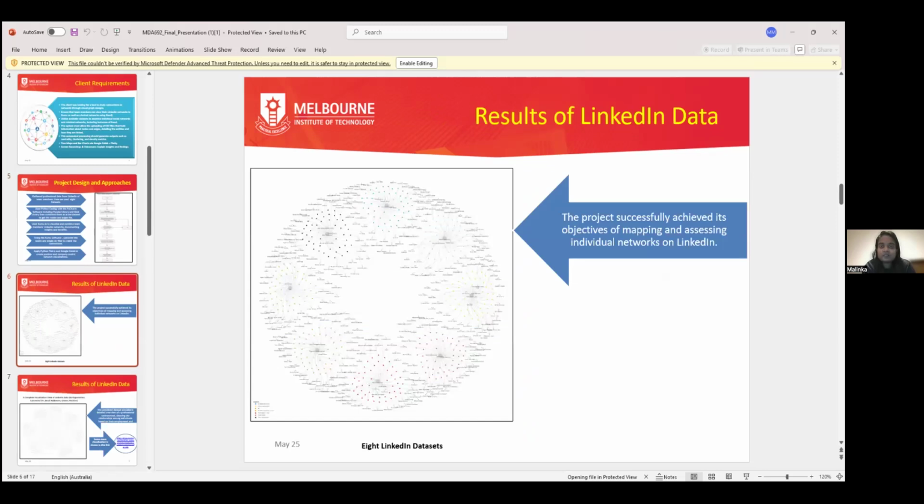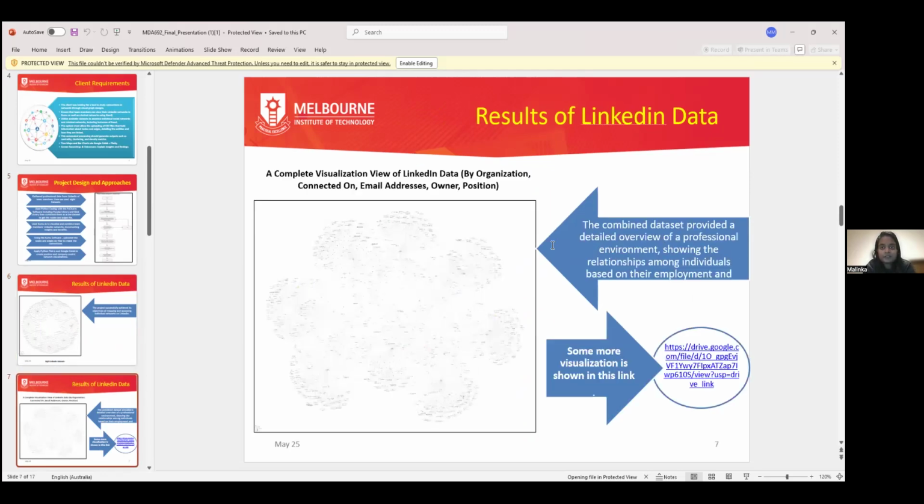Okay, thanks, Moin. I'm Malinka, and my part is to show the results of the LinkedIn data. As Moin said, we have collected 8 data sets, and this is how the results of the 8 data sets look. The project successfully achieved its objectives of mapping and assessing individual networks on LinkedIn, and there is a complete visualization view of the LinkedIn data.